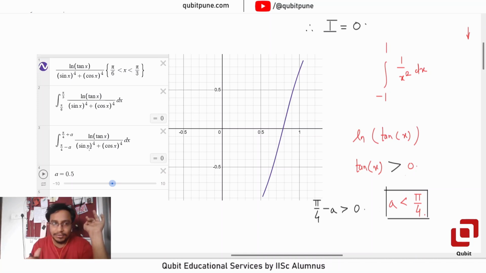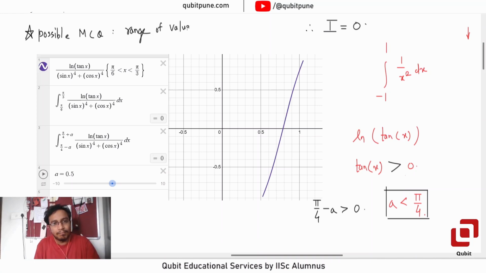So that is a possible MCQ: the range of values of a for which the integral is defined or for which I is equal to 0. Alright.